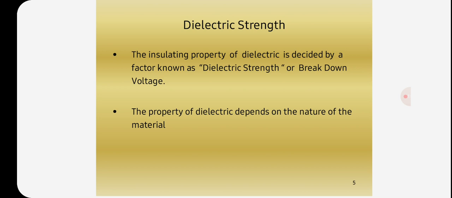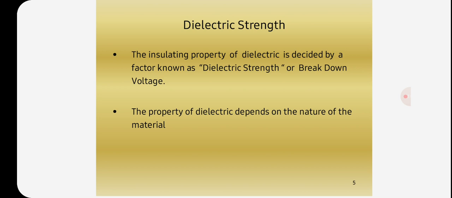The dielectric strength is given as V by T, in kV per mm or kV per meter, where V is the breakdown potential and T is the thickness of the insulating or dielectric material. For example, the dielectric strength of air is 30 kV per centimeter.